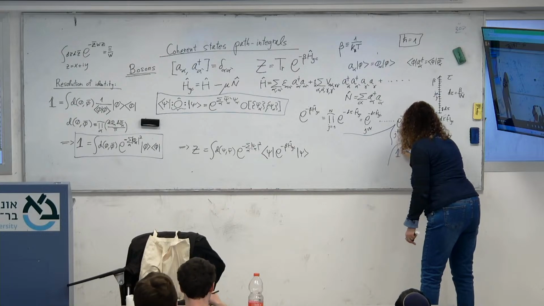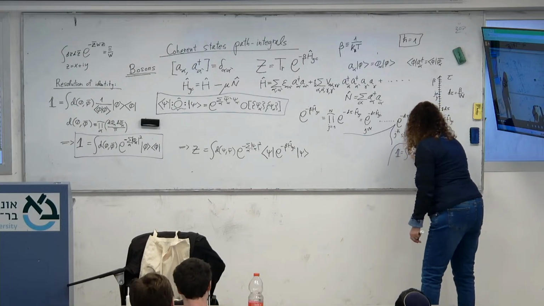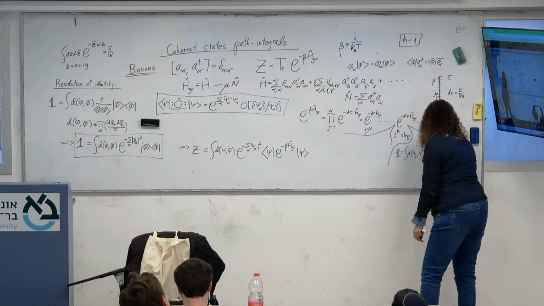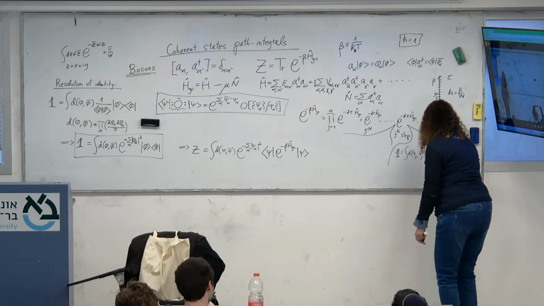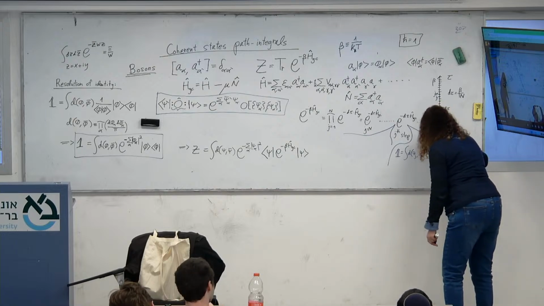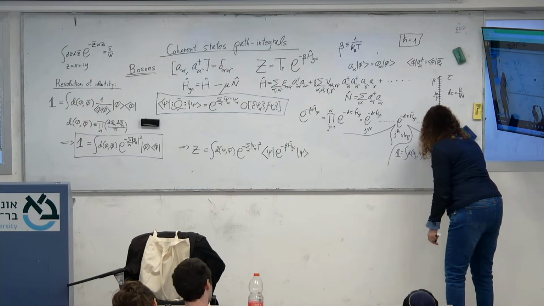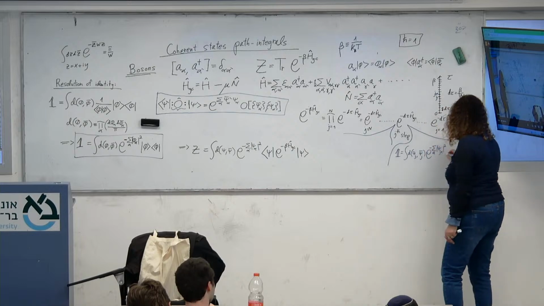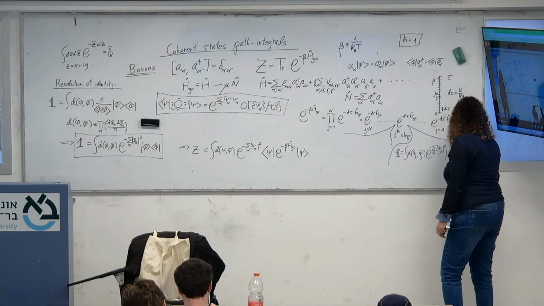So this one is integral d psi j bar, e to the minus, actually, I want to be a little more careful, so it's sum over alpha, psi j alpha squared, and then psi j.